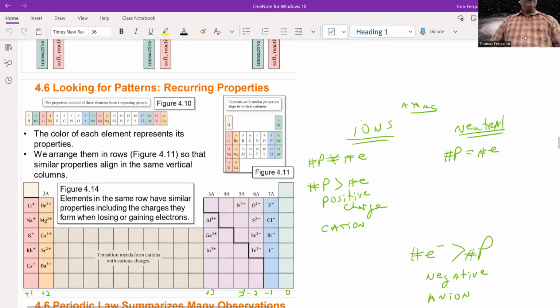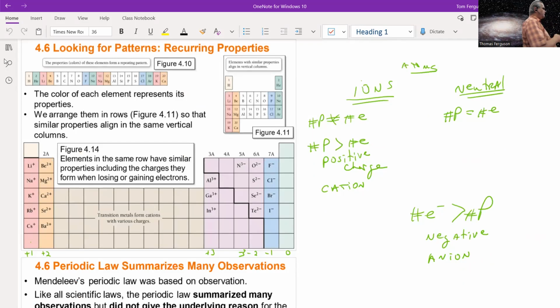Okay, so last time we talked about a neutral atom. A neutral atom has equal numbers of electrons and protons.